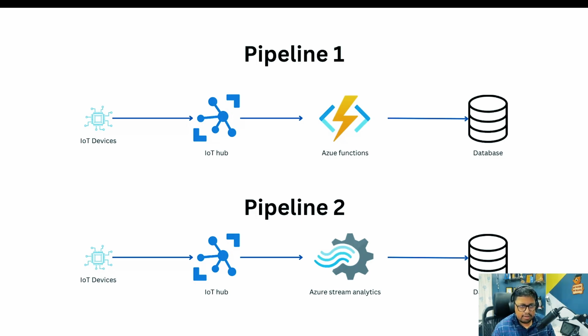These are the only difference between the two pipelines. One of the pipelines uses Azure Functions, which is my personal favorite, and the second one uses Stream Analytics.